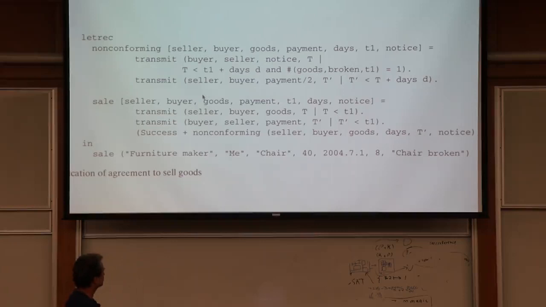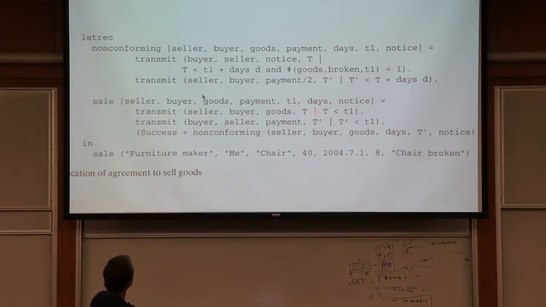It turns out this is actually an abbreviation of a notation, but it basically expresses that the transmit event has to match this with the given values here, but it can match any T. That's a free variable here. It's a binding occurrence of a variable, but the T has to satisfy a property, namely it has to be less than T1.